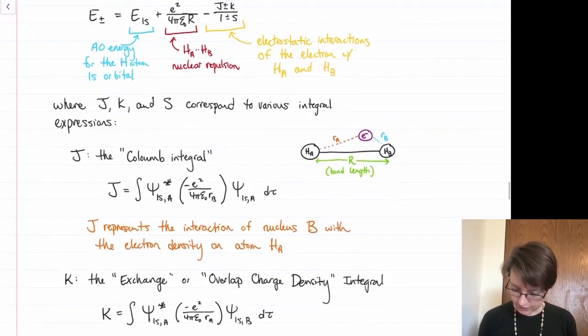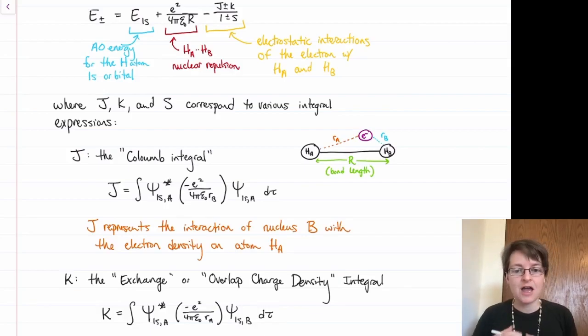So of my three terms that are showing up in my expression all the way to the right, J plus or minus K divided by 1 plus or minus S. By the way, the plus or minus symbols in this case, every time you're talking about the bonding orbital, you should follow along the top line. So we're going to have J plus K for the bonding orbital divided by 1 plus S. And for my antibonding orbital, I'm going to follow along with these negative signs.